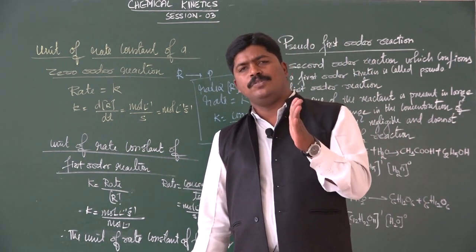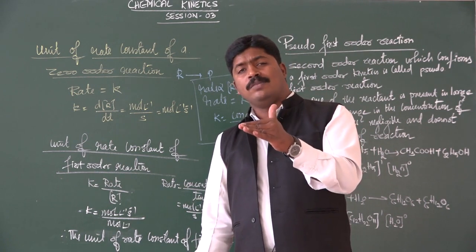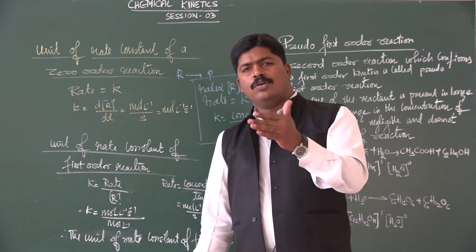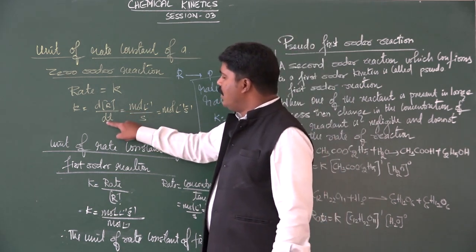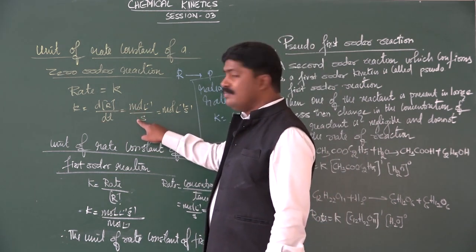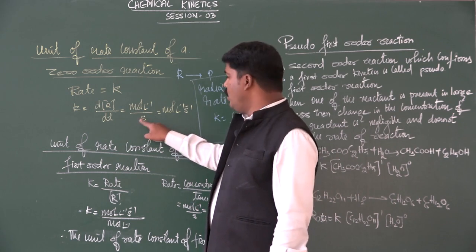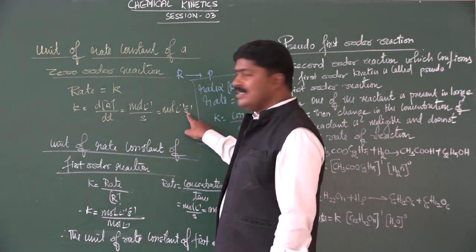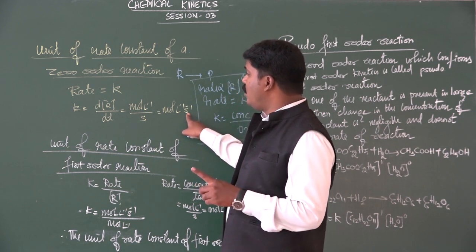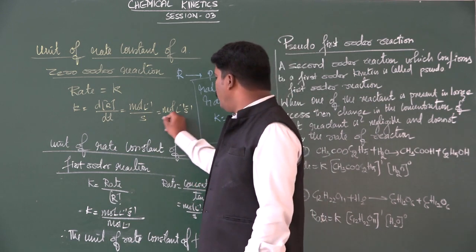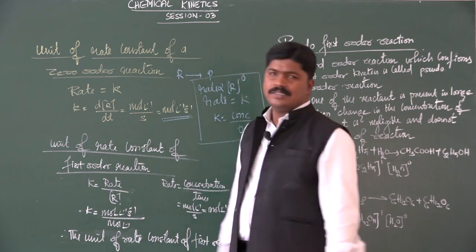If you go back to first PUC, amount of substance is always in mole. So dr by dt is mole per liter per second. That is the unit of rate constant of zero order reaction: mole per liter per second.